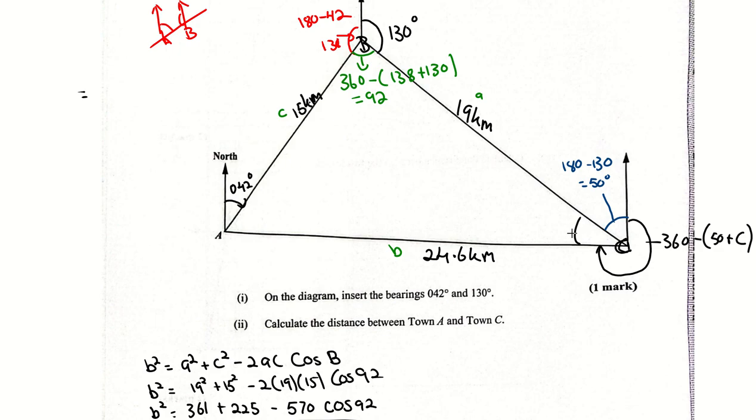So to find this here, we can use sine rule. Can we? Yes, we can use sine rule because we have a side and its angle, as well as a side and the angle here. So let me put a picture on the next page. So let's determine what we can use.